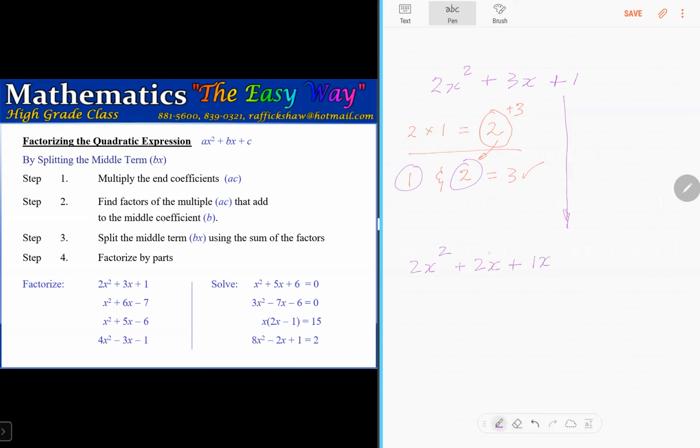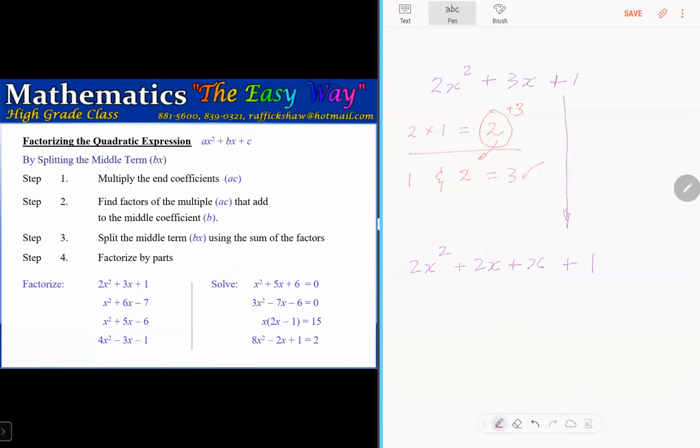The reason why I put the 2x first is I want to be able to factorize 2x in there. So that's my middle term, 2x plus 1x, and I say these two add back to the 3x that I had in the middle. And now I bring back my plus 1 there.